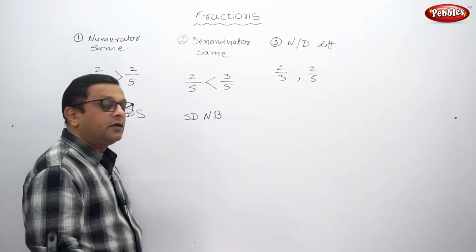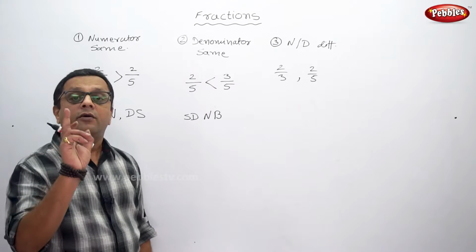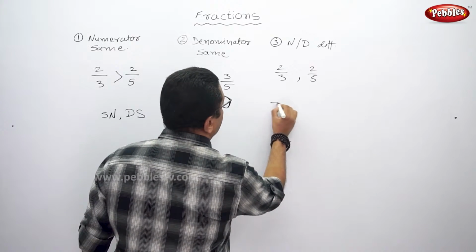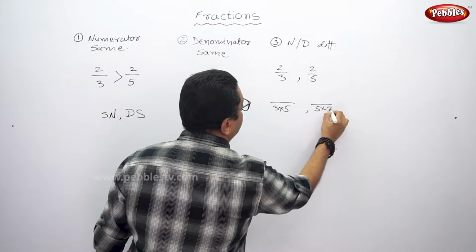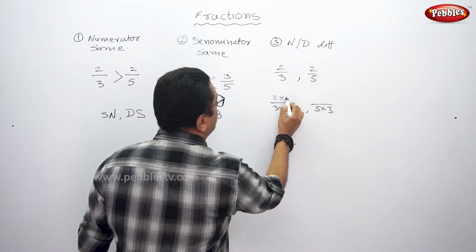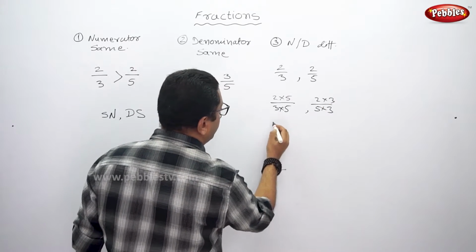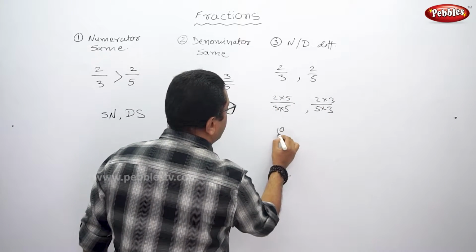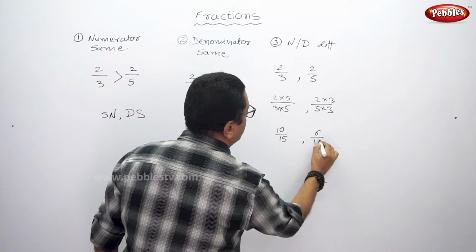So 15 is a common multiple of both numbers. So here 3 into 5 and here 5 into 3. So 2 into 5 and 2 into 3. So we have got the equivalent fractions 10 upon 15 and 6 upon 15.